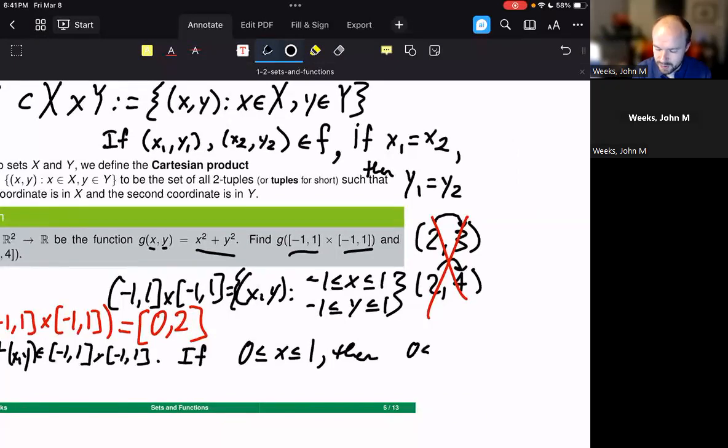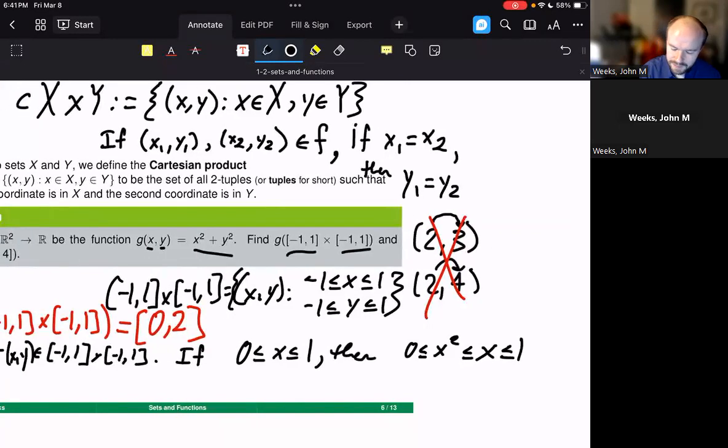Then 0 is less than or equal to x squared is less than or equal to x. Notice what I did is I multiplied everything here by x. And since it's a non-negative number, that keeps all of the inequality directions the same. And that's going to be something that's still less than or equal to 1. Similarly, if -1 is less than or equal to x is less than or equal to 0, then I could go through and multiply everything by -x.